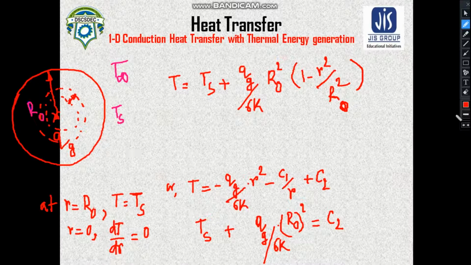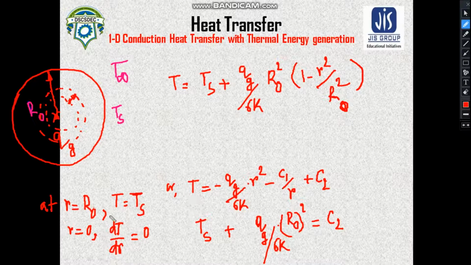Now the question is how you can find the maximum temperature. Here we have already defined that at r equal to 0, that means at the center of the sphere, dT/dr is 0. So the maximum or the minimum temperature would lie here. Now the question is, is it maximum or minimum?